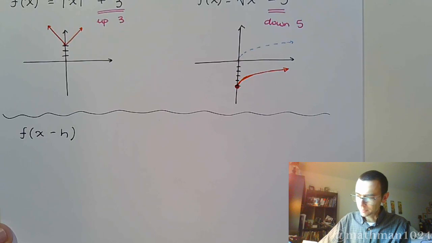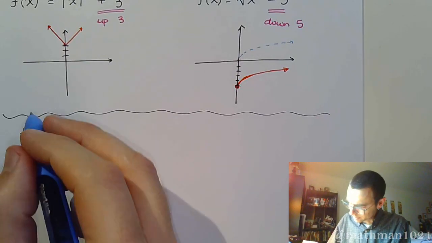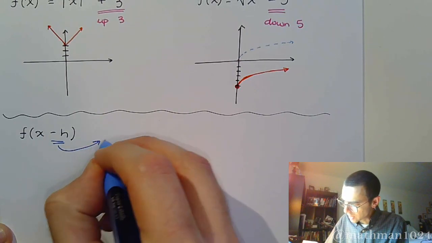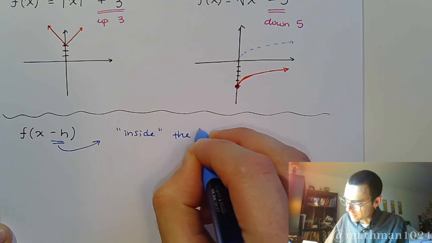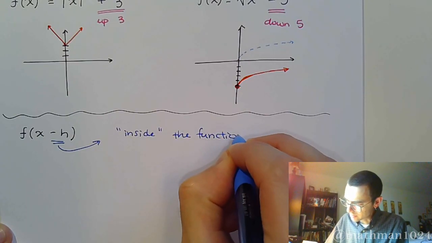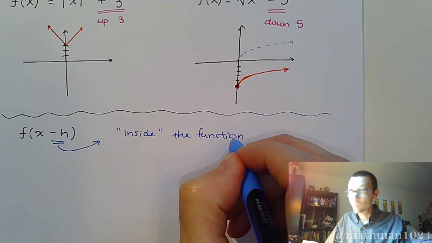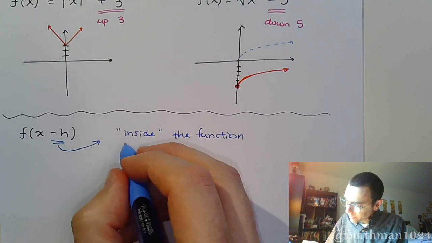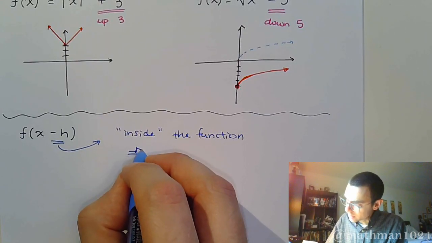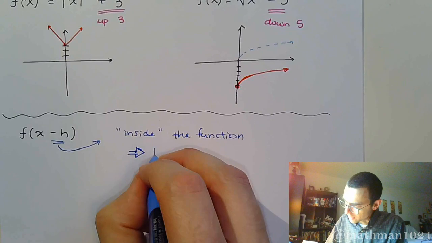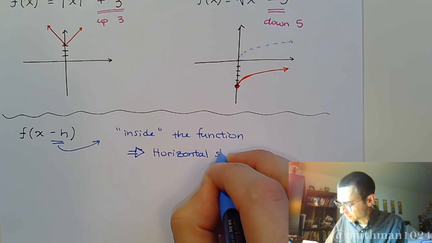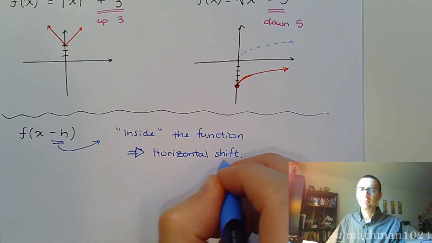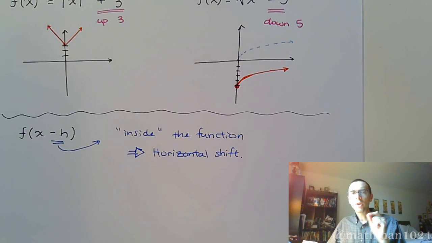When you have that, this is considered to be inside the function, then that is going to mean that you have a horizontal shift. So whatever you see inside your function, that's going to tell you how you move left or right.